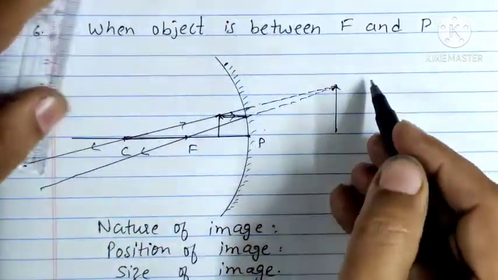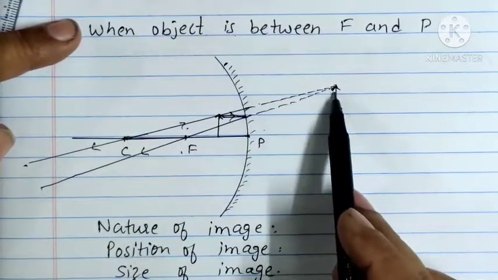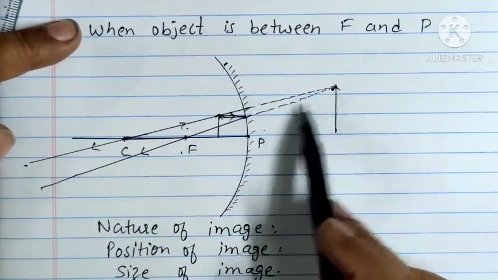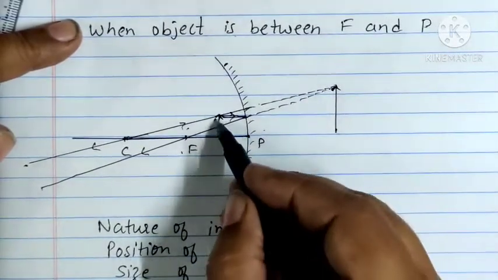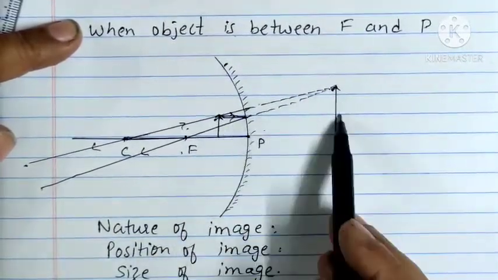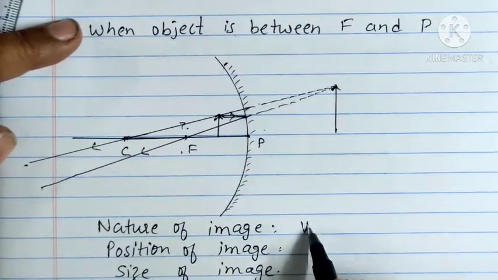Now as you can see, these reflected rays are not actually meeting, but they appear to meet at this point. So the nature of the image will be virtual, and as you can see the image is in upright position, so it is erect.